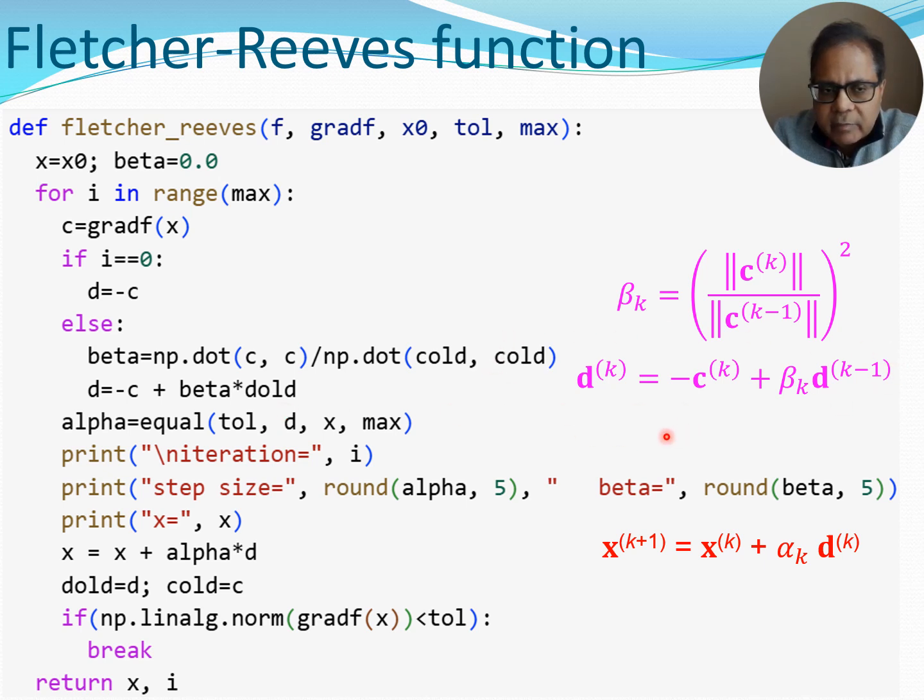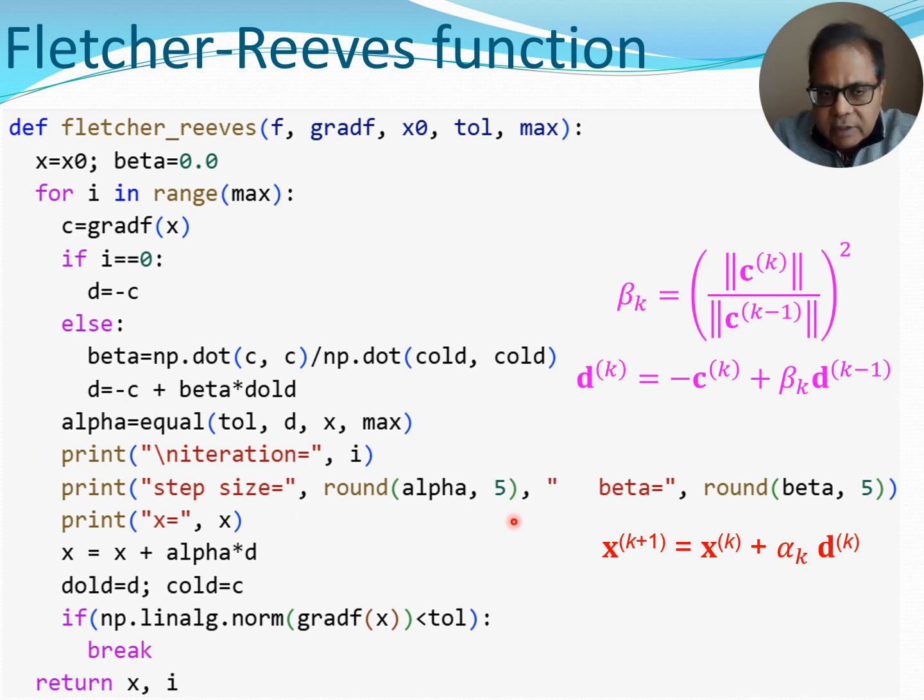Now essentially what happens is that I put this d old here as d from the current point, and I also put c old is c. So these are the old values, that is c old and d old, which I am putting here, and I am using this c old here, that is ck minus 1, and I am using d old, that is dk minus 1. Then I of course print out various values.